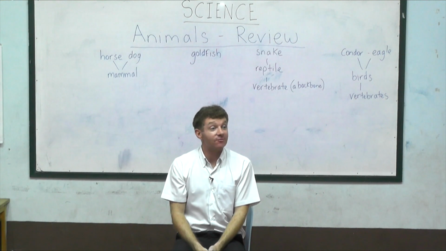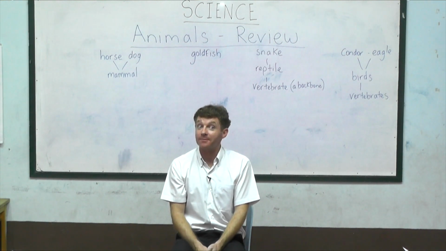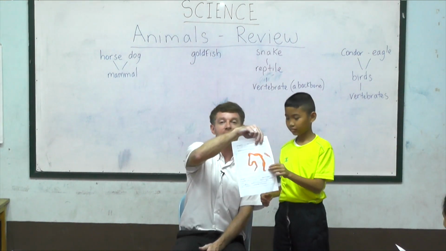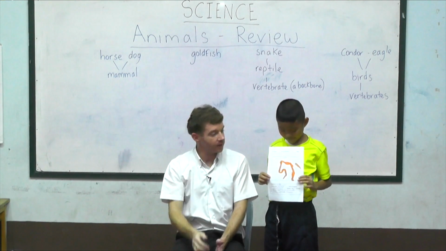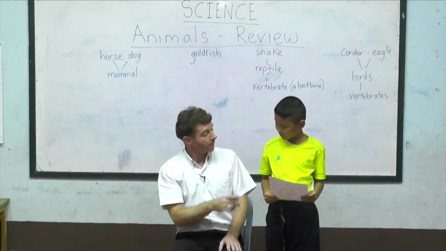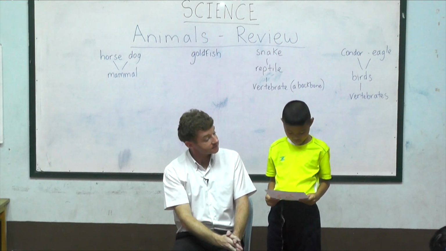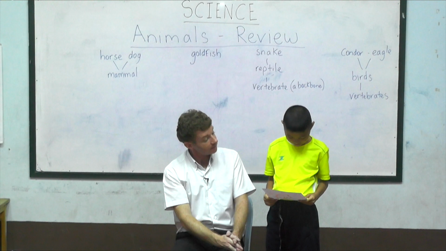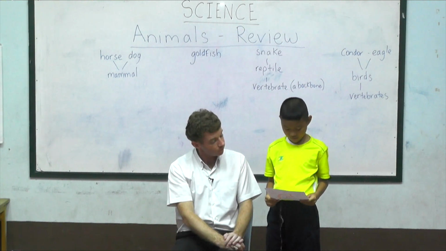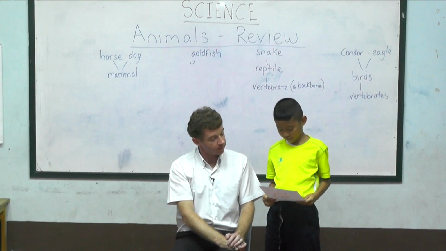And now I'd like to ask Pangpon to come and join me at the front of class. Let's see what animal Pangpon has drawn. So let's see first, we have a snake. Okay, so now Pangpon, you can tell us. My animal is a snake. It belongs to the reptile family of animals.